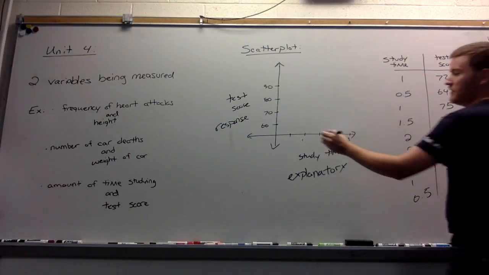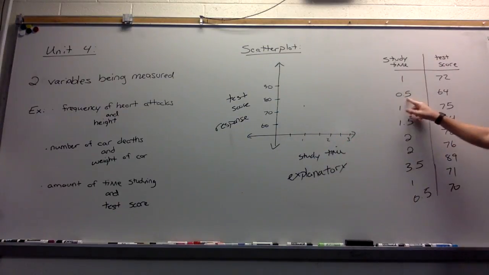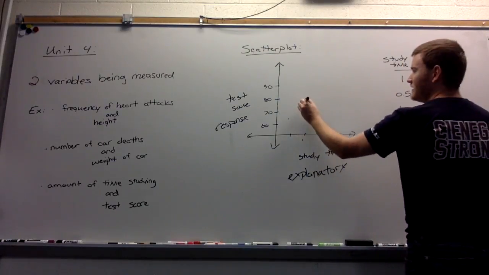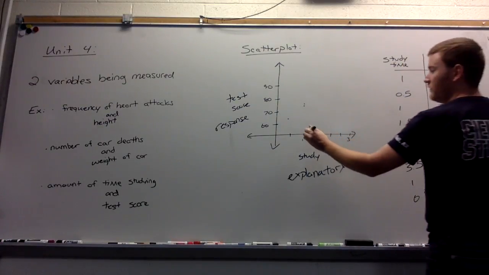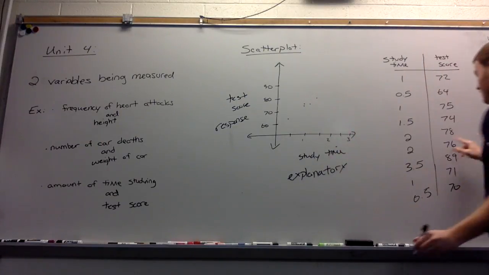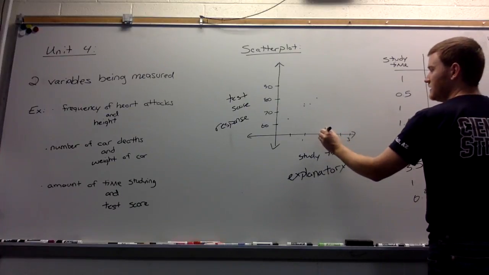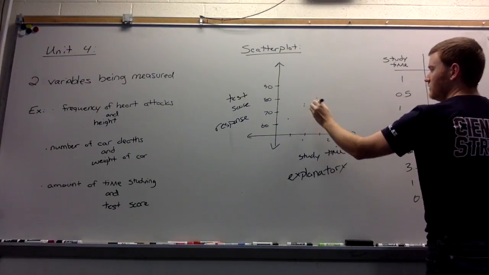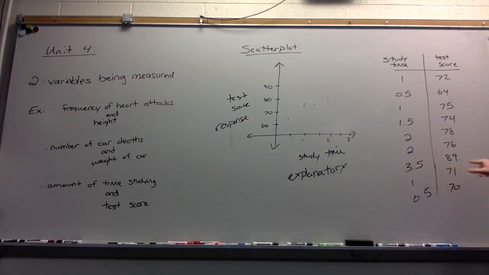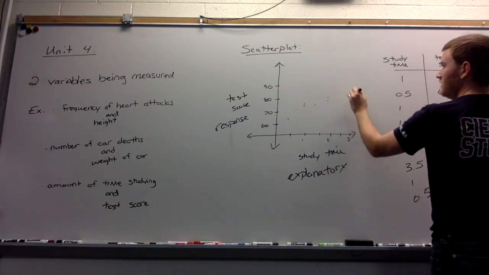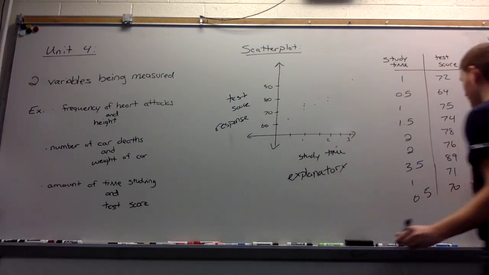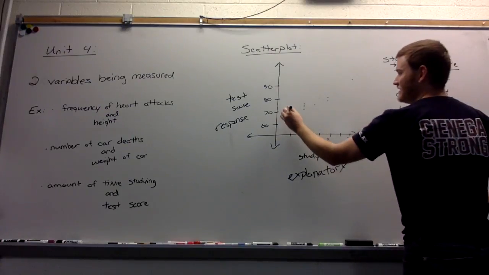So we plot each of them together: 172, 0.564, 175, 1.574, 278, 276, 276, 3.589, 171, and 0.570.